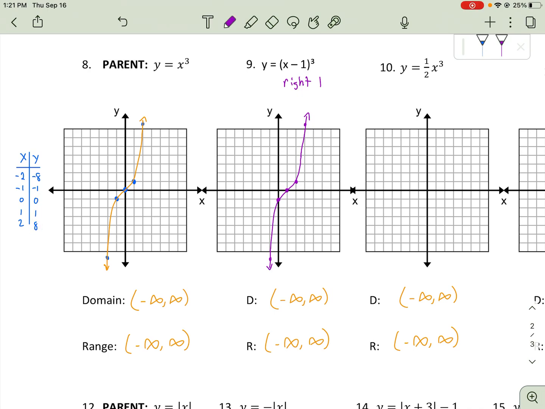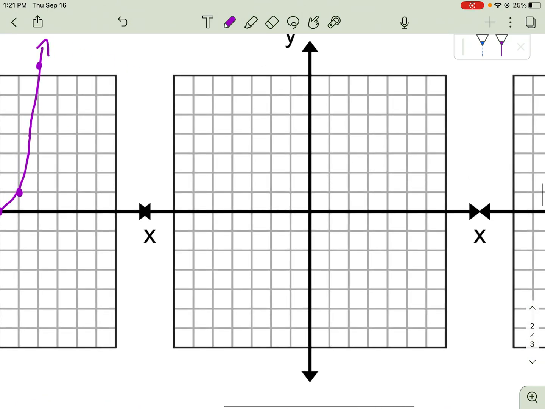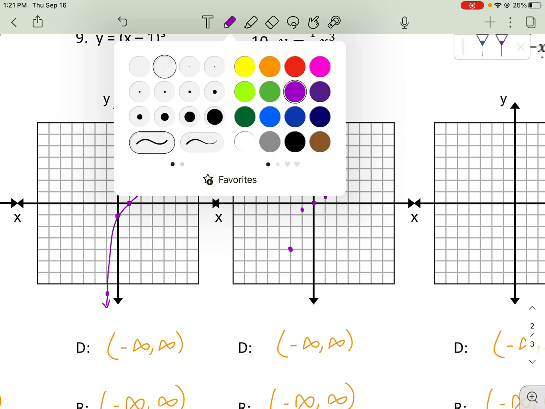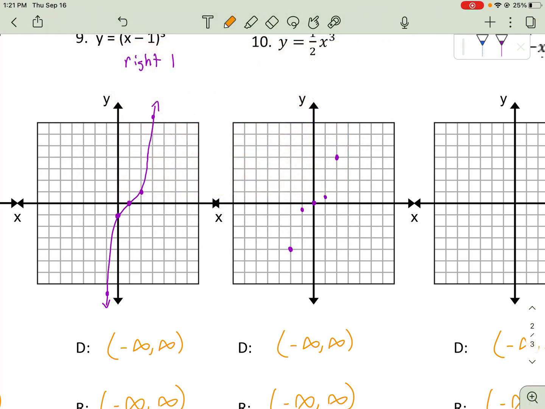So we have -2, -4, -1, -1/2, 0, 0, 1, 1/2, and 2, 4. Like so. And so now this graph will look something like this.